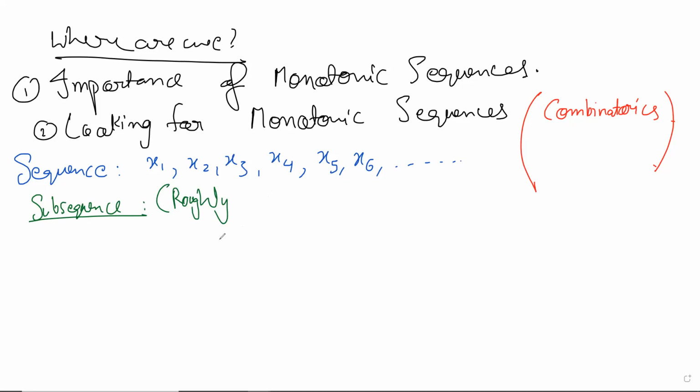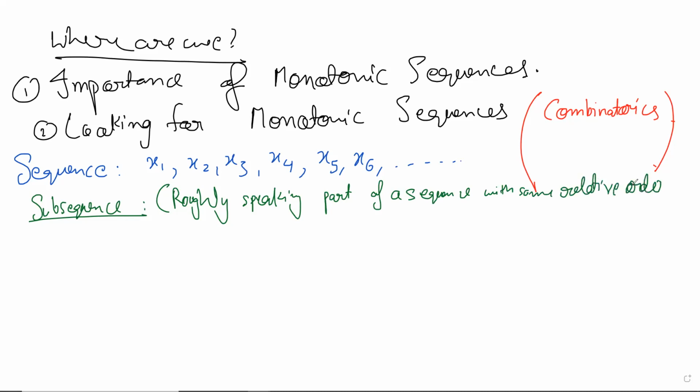But roughly speaking, we can first say it is an infinite part of a sequence with the same relative order. Things like relative order also come up in combinatorics. We will see more about them, but for now, this is what it is.